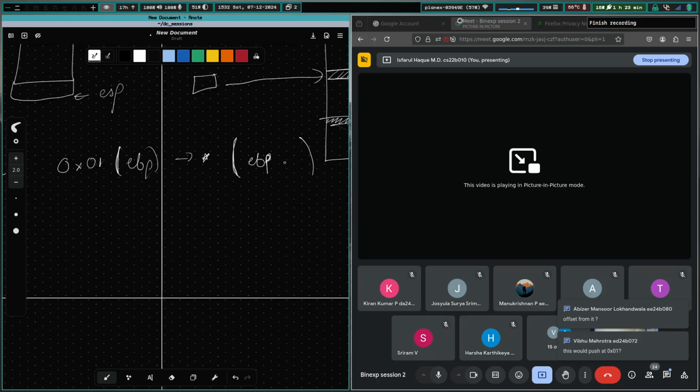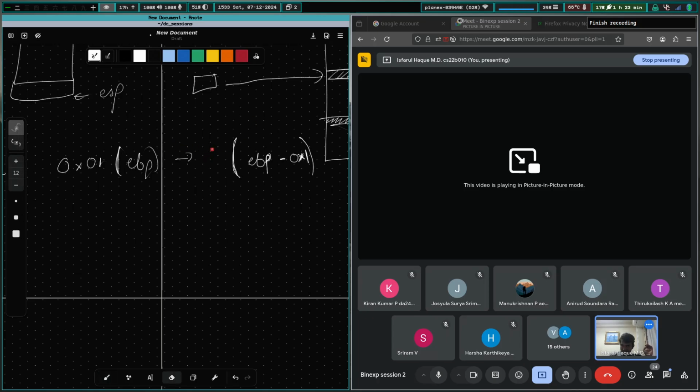Push always happens wherever the stack pointer is. If push happened at arbitrary addresses, it would be very, very hard. So what it does is, what Abizar said, it offsets. Why do you think we need this?